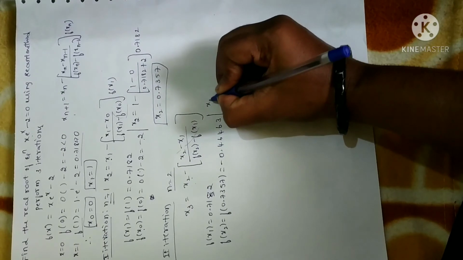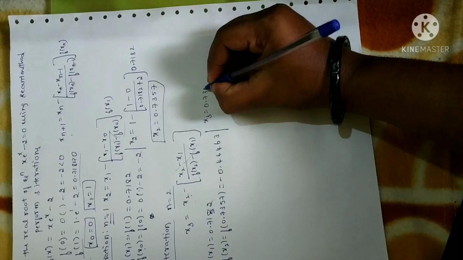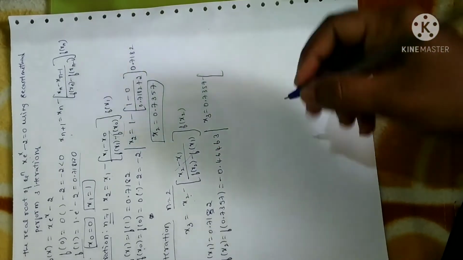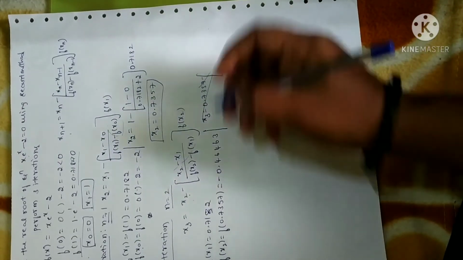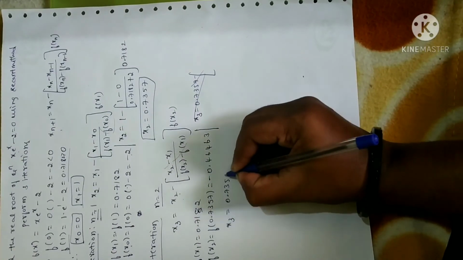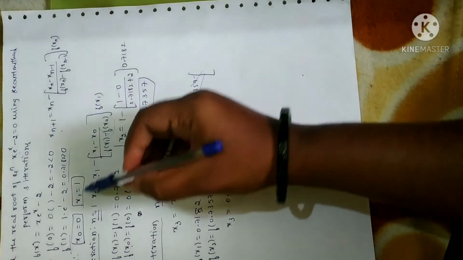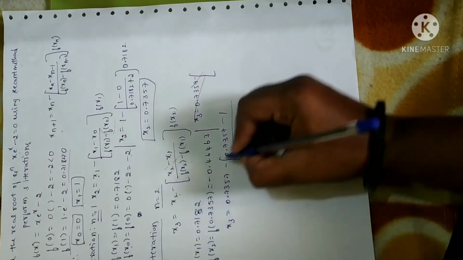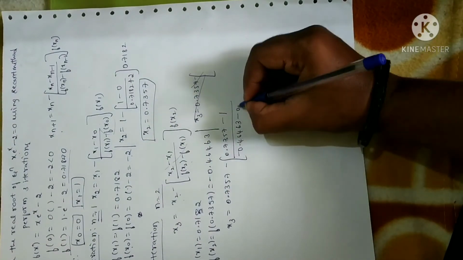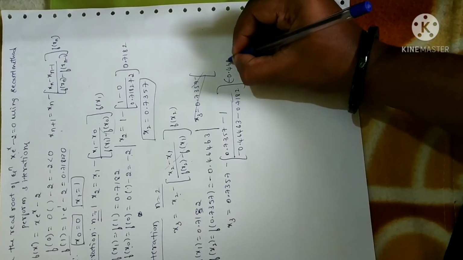Fine. Now let me substitute all these in x3. So you will get x3 is equal to x2, which is 0.7357, minus into f of x2. I have forgotten this one. So let me simplify here only. x3 is equal to, the value of x2 is 0.7357, minus (0.7357 minus x1 value, which is 1), divided by (f of x2, which is minus 0.46463, minus f of x1, which is 0.7182), into again f of x2, which is minus 0.46463.